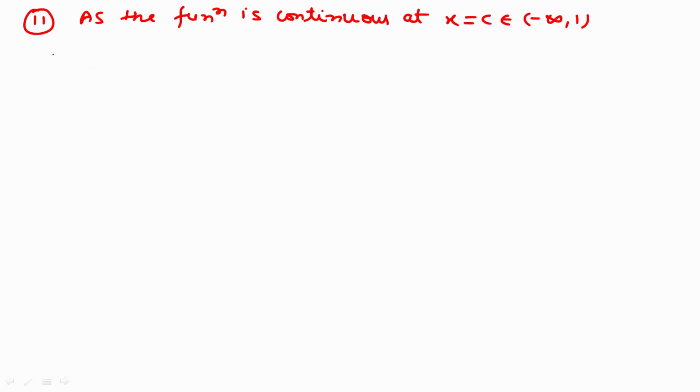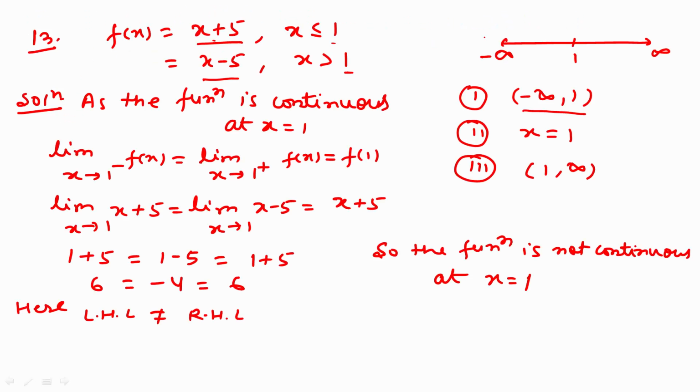So limit x tends to c f(x) is equal to f(c). Here the value of c is always less than or equal to 1. When the value of c is less than or equal to 1, we will take the function x plus 5.